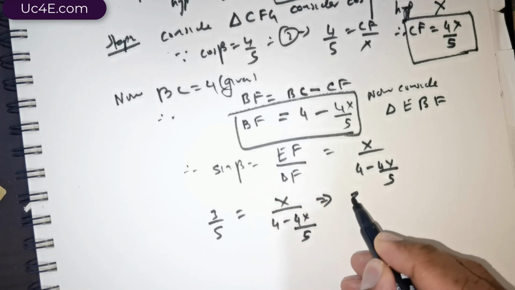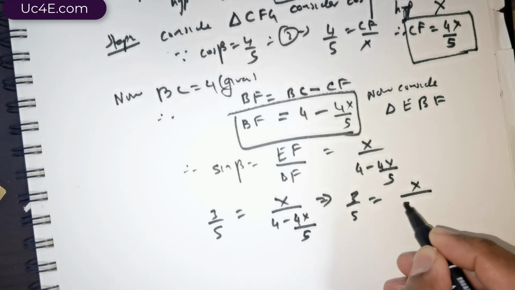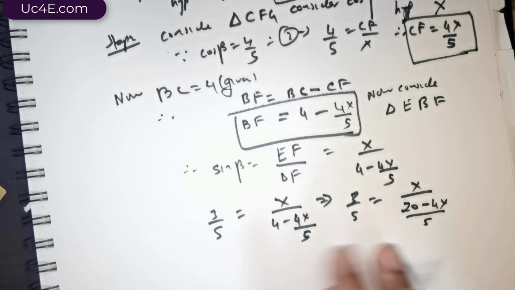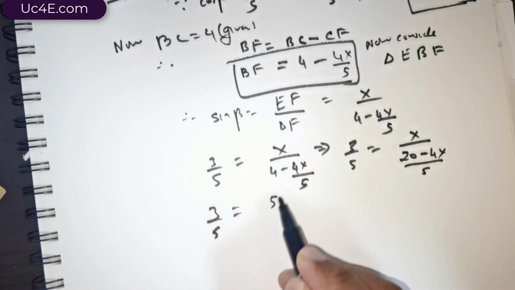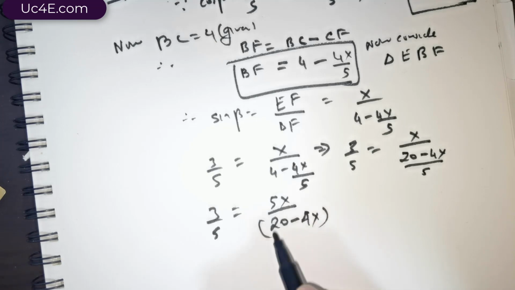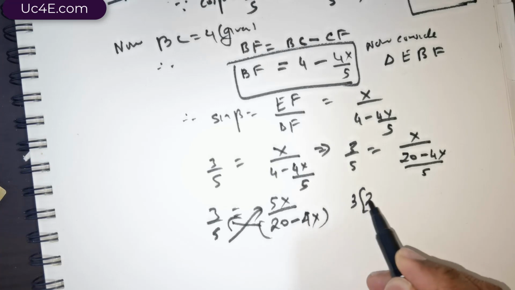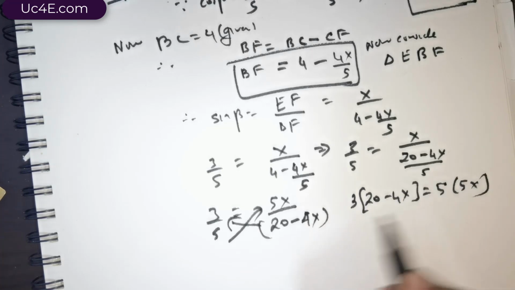So 3 over 5 is equal to x over, taking LCM to be 5, (20 minus 4x) divided by 5. We can flip this: 3 over 5 is equal to 5x over (20 minus 4x). Cross multiply, and that gives 3 times (20 minus 4x) is equal to 5 times 5x.